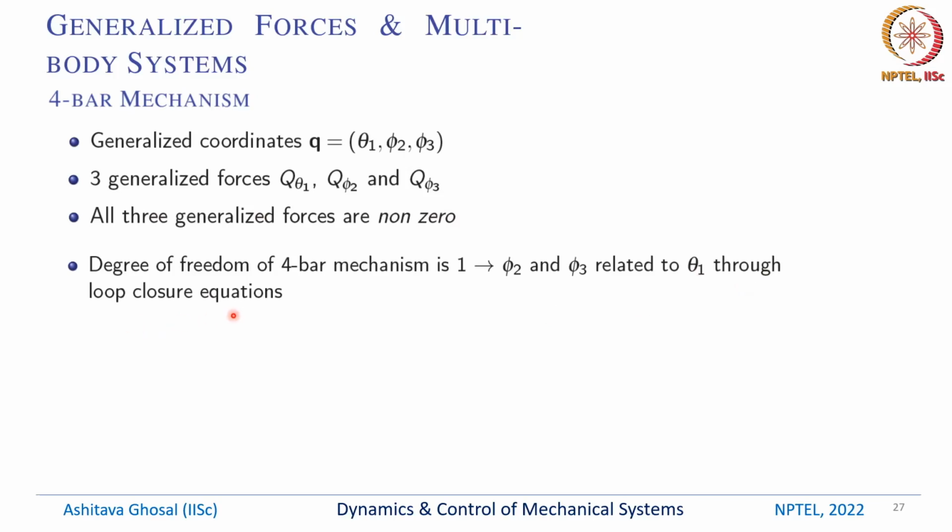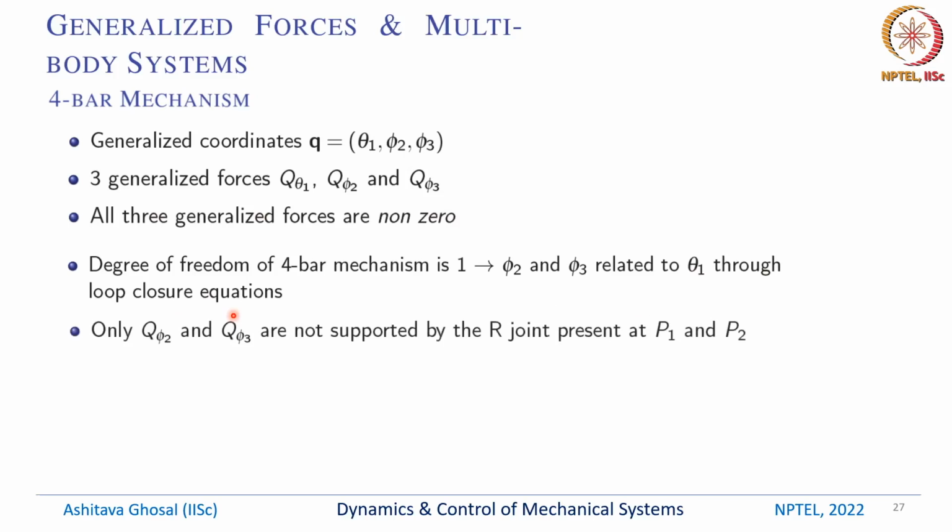We had discussed these loop closure equations earlier. Only Q phi 2 and Q phi 3 are not supported by R joints, which are present at P1 and P2. So one might think that since Q phi 2 and Q phi 3 are non-zero, they are coming from the R joint. But that is not strictly correct. There is no actuator for phi 2 and phi 3.